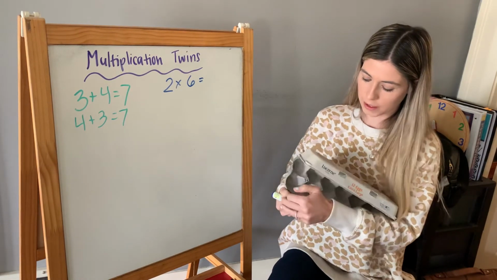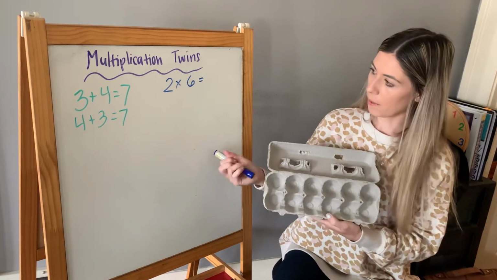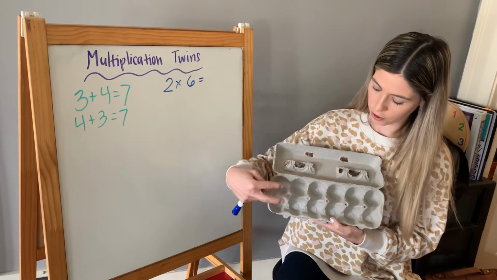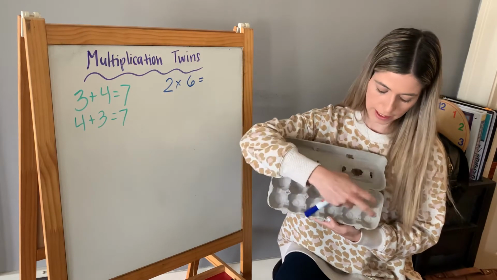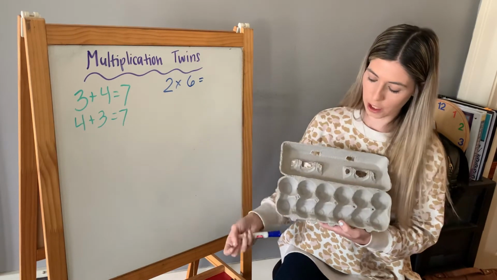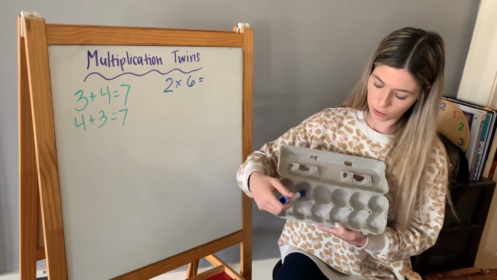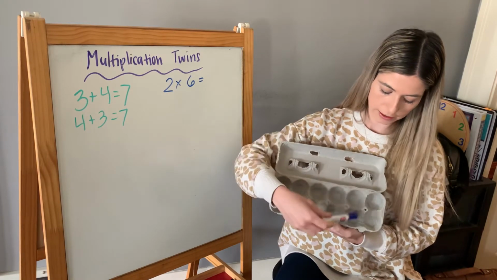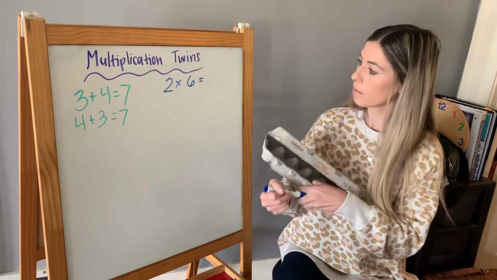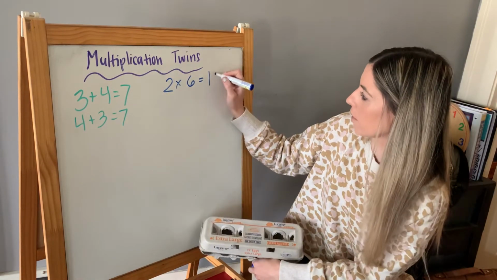I could count it by 2s, so I could go 2, 4, 6, 8, 10, 12, or just to double check my answer, I can count all of it. 1, 2, 3, 4, 5, 6, 7, 8, 9, 10, 11, 12. So 2 times 6 is 12.